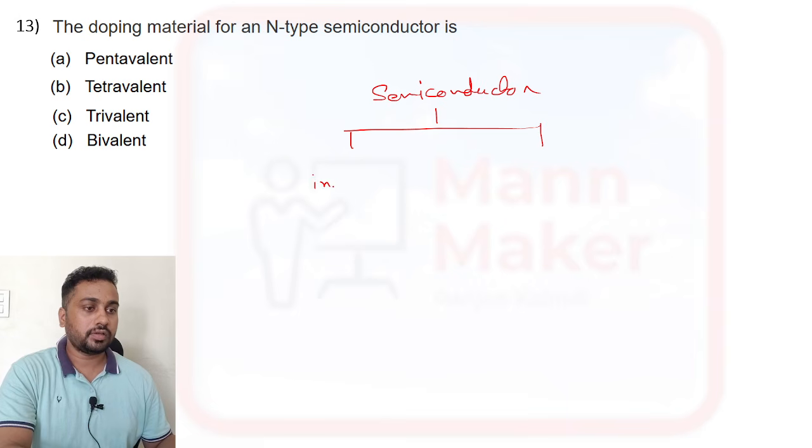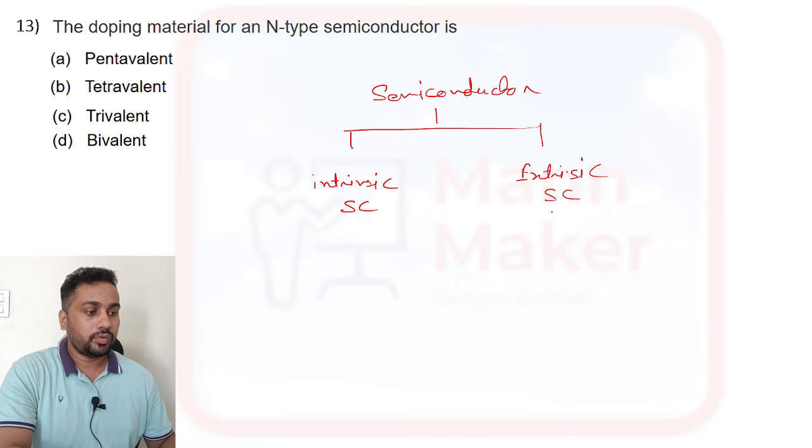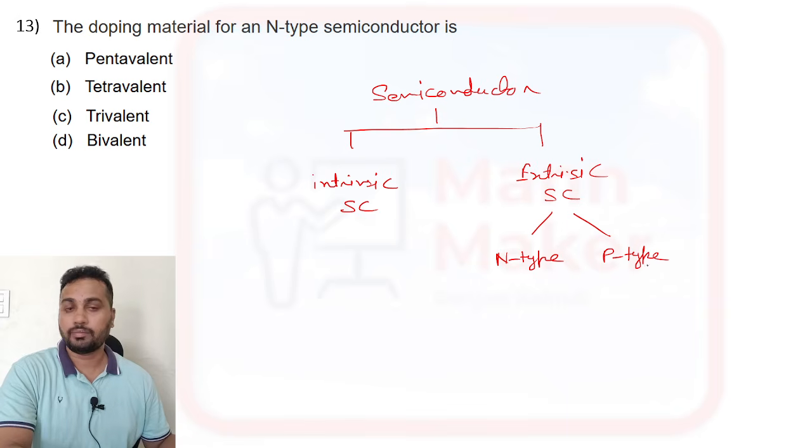First we call it intrinsic semiconductor or pure semiconductor, and the other one is extrinsic semiconductor. Further, the extrinsic semiconductor is divided into two types: the n-type semiconductor and the p-type semiconductor.